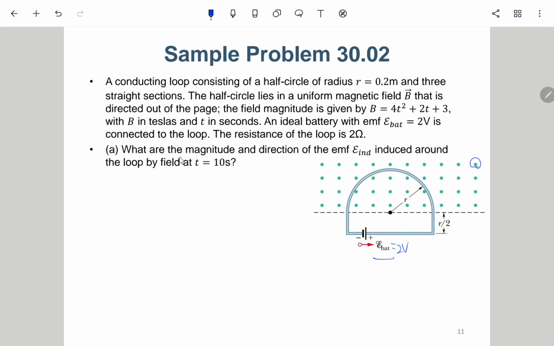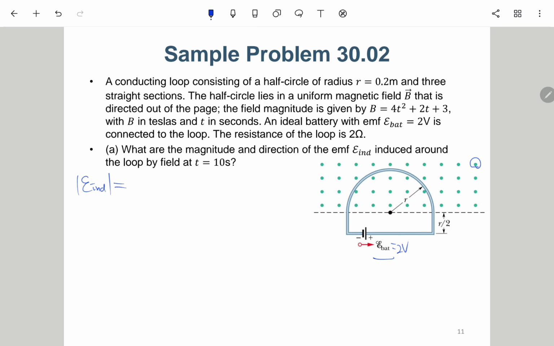It asks what is the magnitude and direction of the EMF E induced around the loop by the field at t equals 10 seconds. So actually we can try to find the E induced. Here we just take the absolute value, and we can determine the direction later using Lenz's law independently.